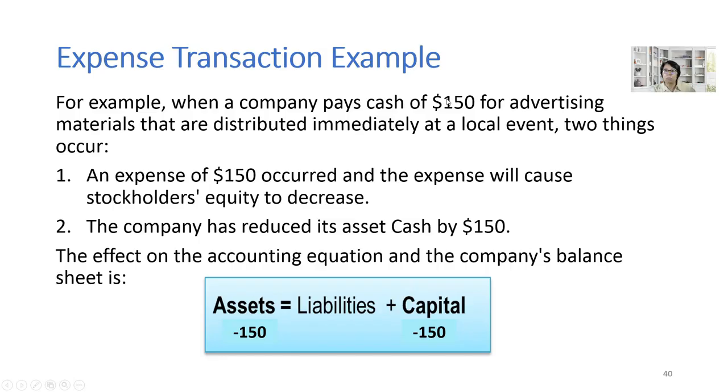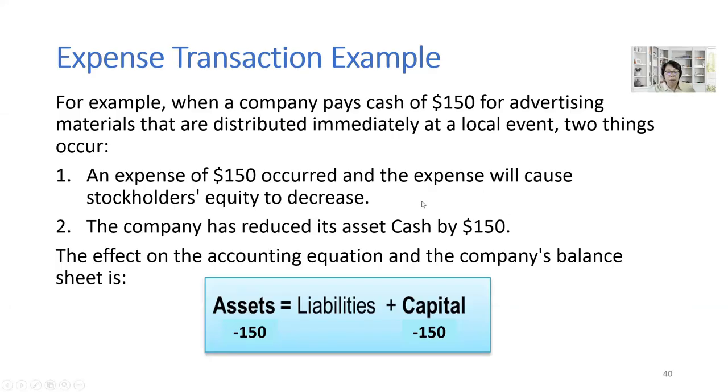You go to, let's say, the internet, and there's a company that will advertise on the internet and charge you $150. It's places where companies go to find a bookkeeper. So the $150 is an expense because you paid out money and you didn't get an asset back. So that's an expense.